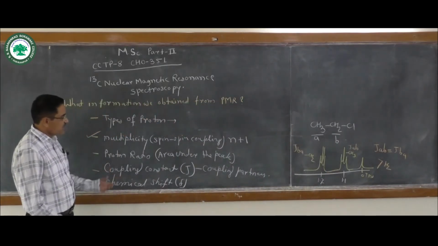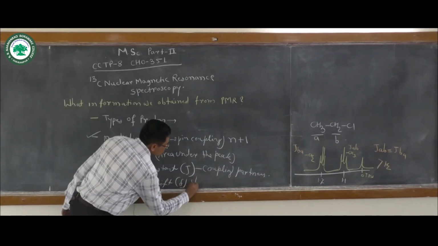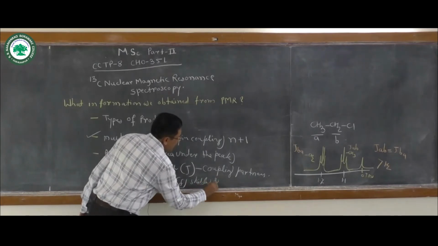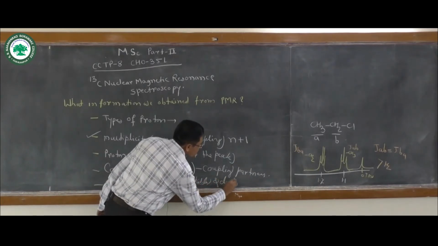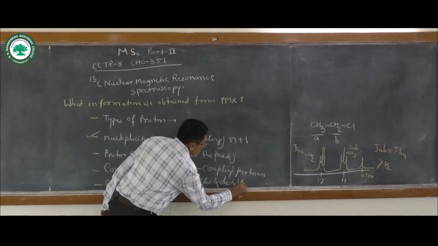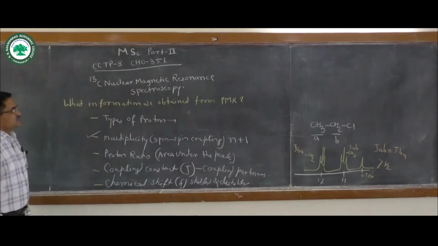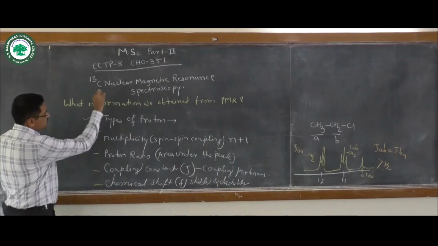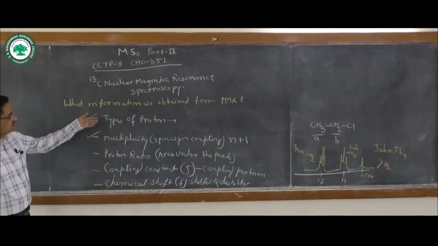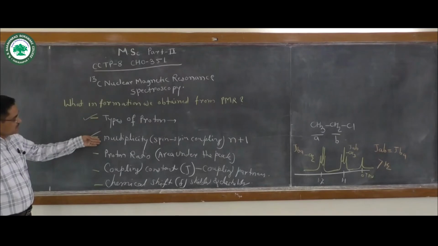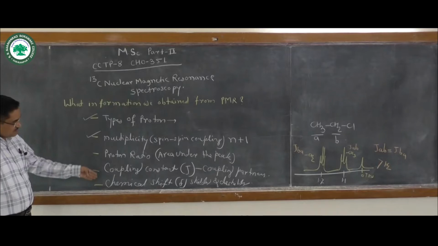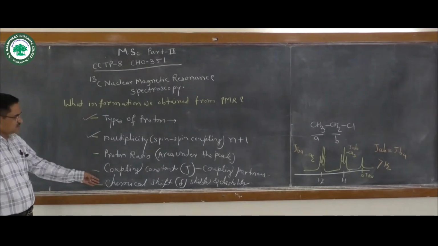Means chemical shift value depends upon shielding and de-shielding. So we obtain these important things from PMR: types of proton, multiplicity, proton ratio, coupling constant, and chemical shift.